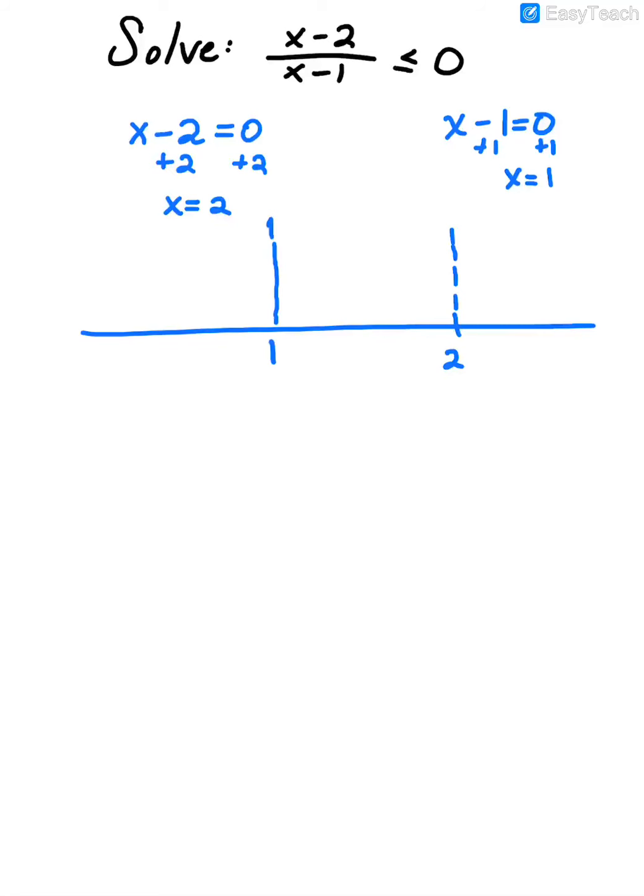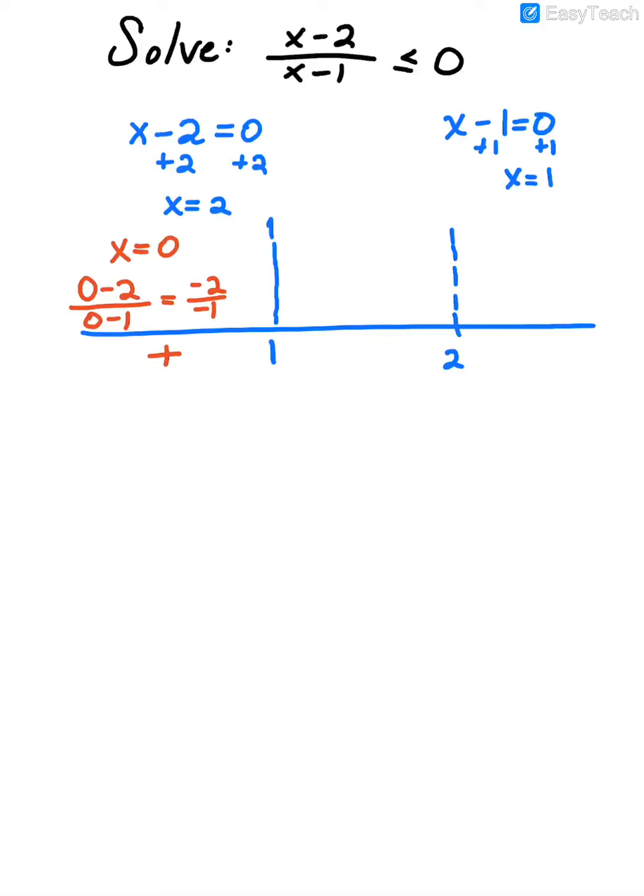I need something smaller than 1. I'll just use 0 since it's easy to plug in. Plugging into my original rational expression, I get 0 minus 2 divided by 0 minus 1. So -2 divided by -1 gives us a positive value.